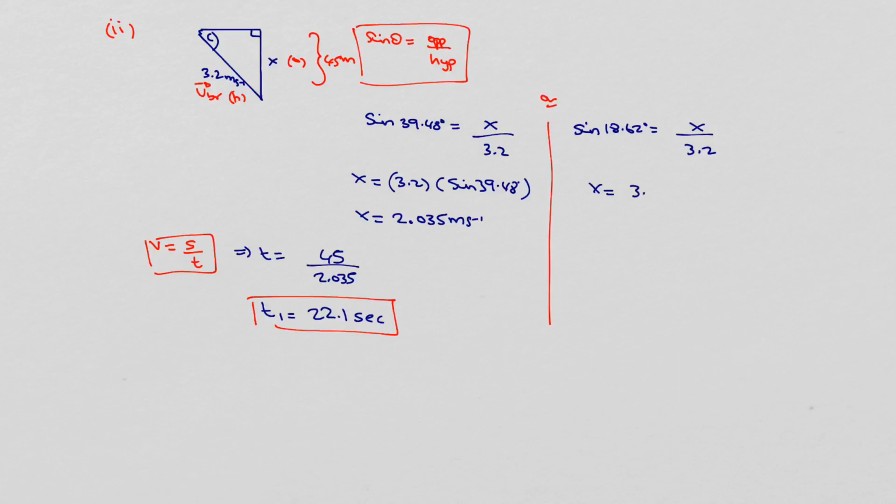That gives me 3.2 by sine 18.62 degrees, and that gives us x is equal to 1.022 meters per second. Therefore the time would be 45 this time, divided by 1.022. So my second possible time for crossing would be 44.03 seconds.